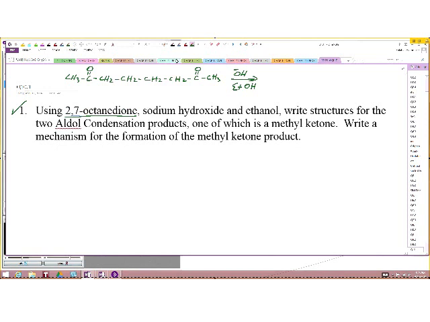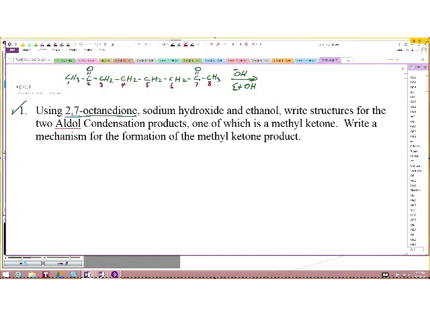Okay, so to make this easy for all of us, let us go ahead and number these carbon atoms here. Of course, this is a symmetrical molecule, right? That's 1, 2, 3, 4, 5, 6, 7, and 8. I do have some questions for you.